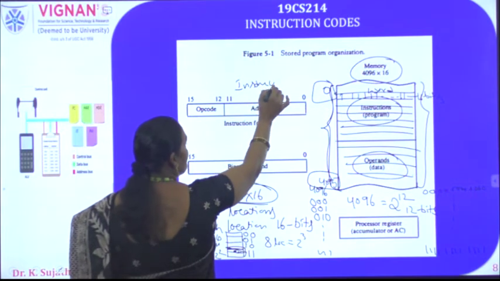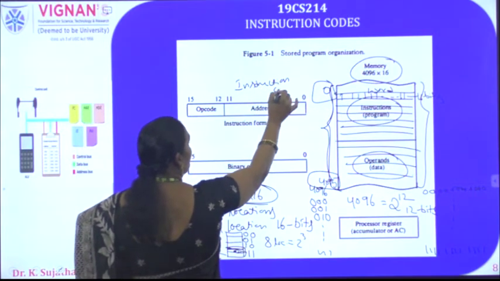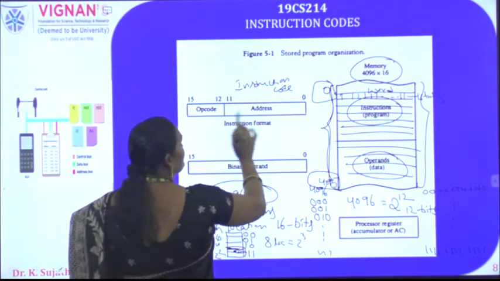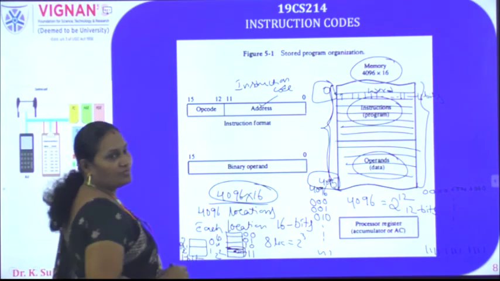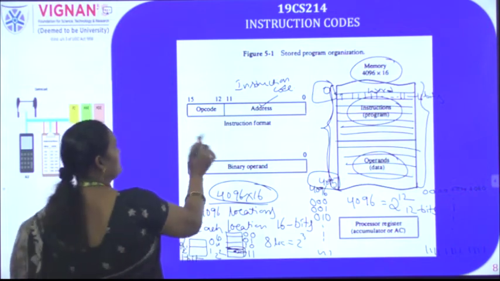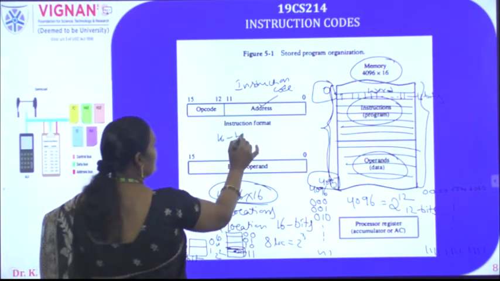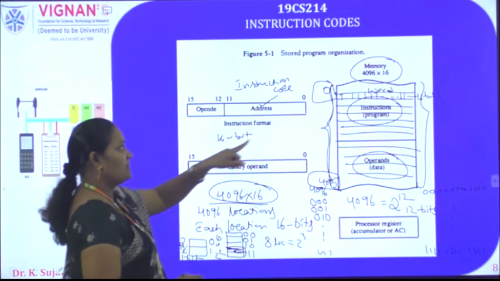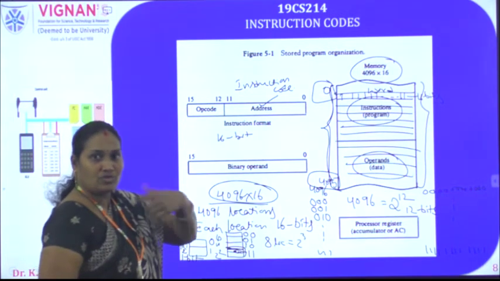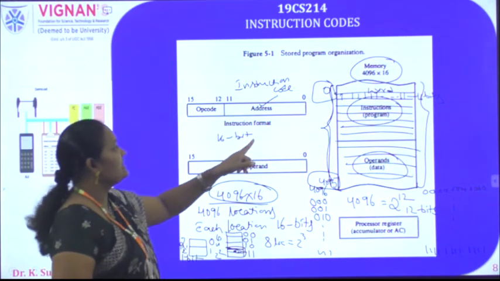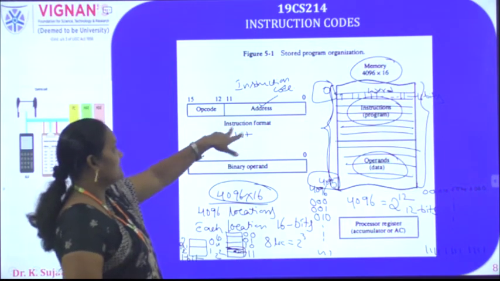In this instruction code, the first 0 to 11 bits are used for the representation of the address of the memory location. Since the memory word is 16 bits, in one location we are going to store one instruction. Since it is 16 bits, we are taking a 16-bit instruction code.